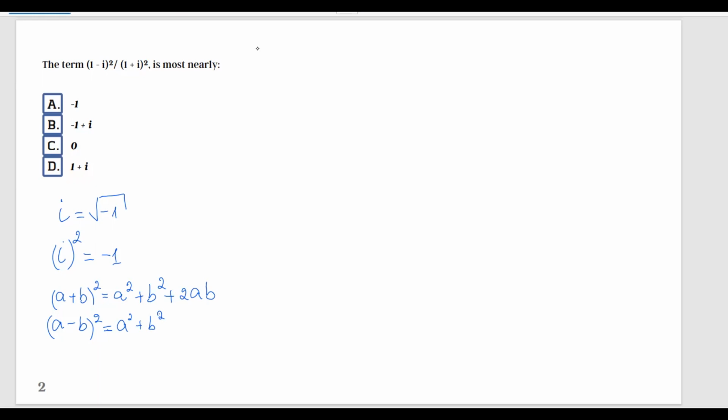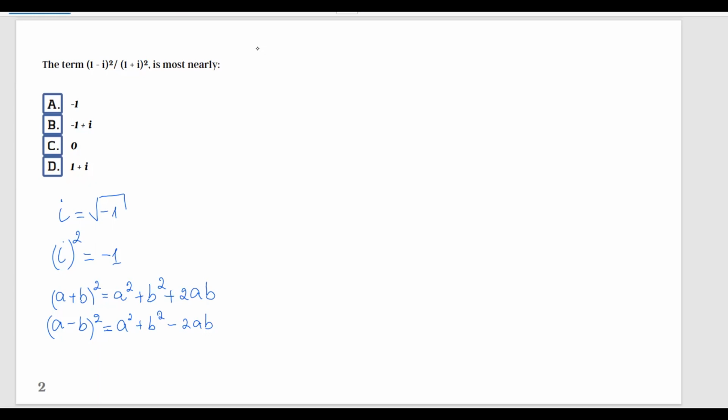Pay attention: instead of plus 2ab, we're going to have minus 2ab. So the only difference between these two formulas is that when we have minus, this member is negative. That's pretty simple and easy to remember.